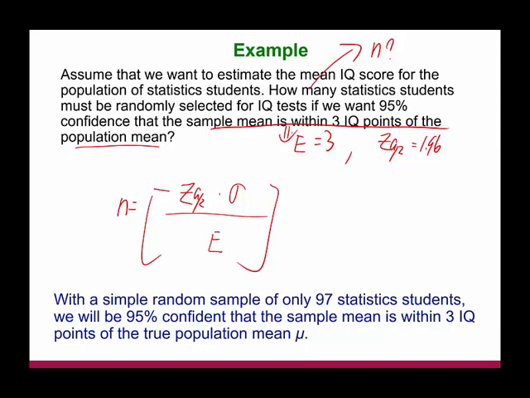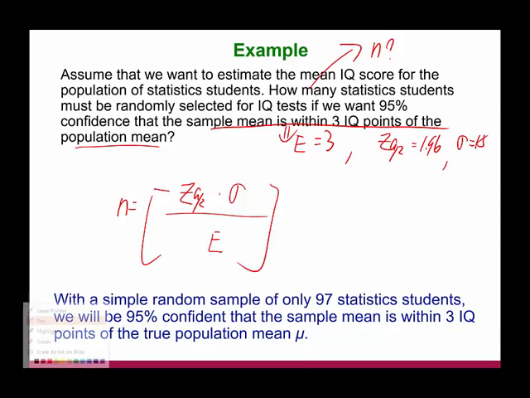Let me check what sigma is. The population standard deviation. I'm going to pull back the sigma later on to the slide. Sigma is equal to 15. Here sigma wasn't indicated in the question itself, so I'll put it back later on. Sigma equals 15.